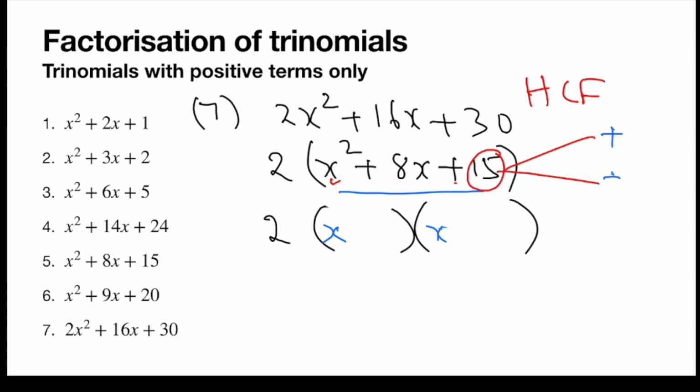And how do I know that this should be positive? I know because I'm trying to get a plus 8. So the numbers should be positive. And so what are the two numbers that you multiply to get 15, but you add to get 8? Those numbers should be your plus 3 and your plus 5. Plus 3 there and plus 5 there. And that is your answer.